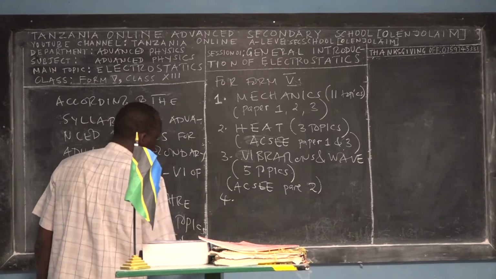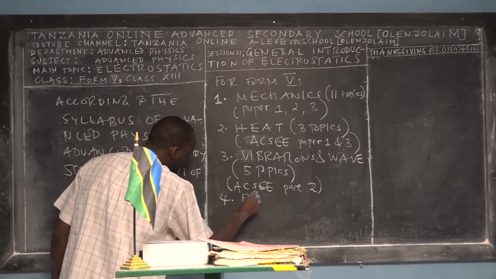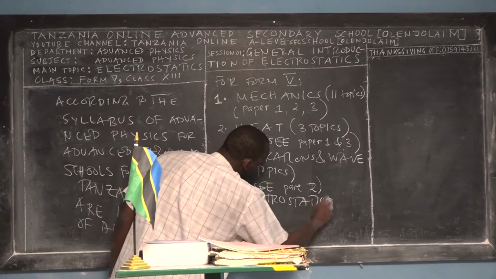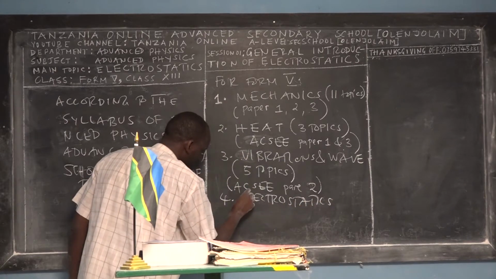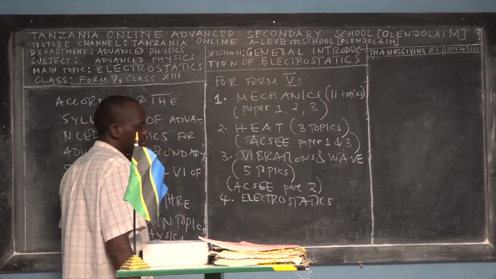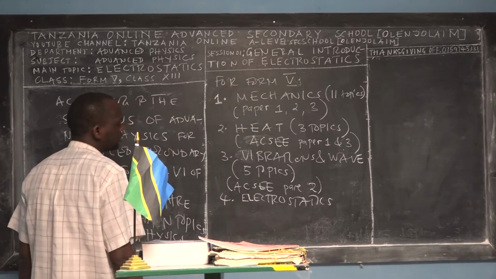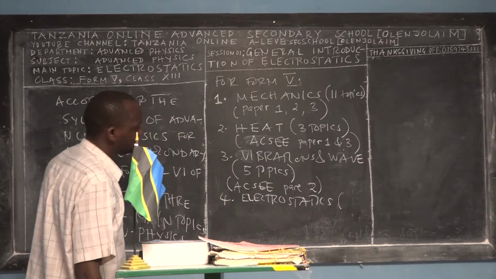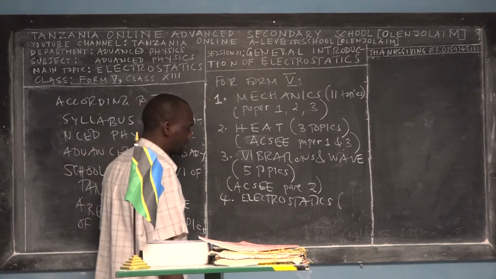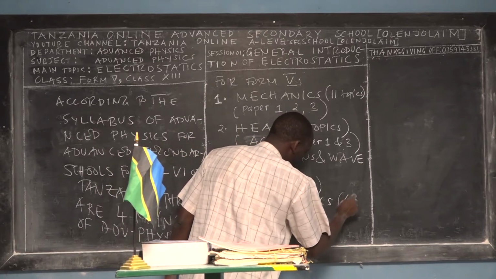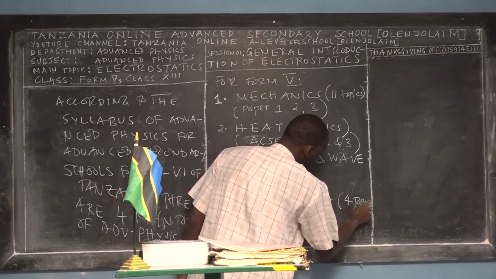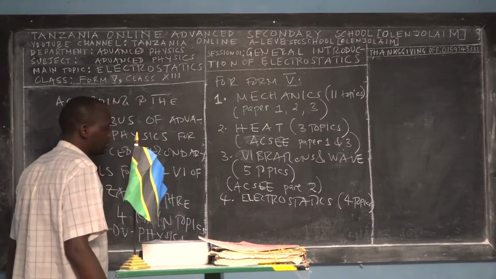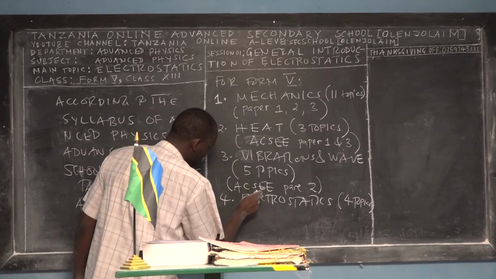Then we got the last main topic, which is called electrostatics, and some of the books call it static electricity. According to the syllabus, it is stated that it has 3 main topics, but according to what you have to cover, it has 4 topics. So we add the first topic, which is the general introduction of electrostatics.